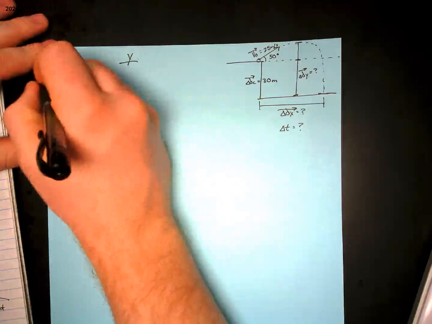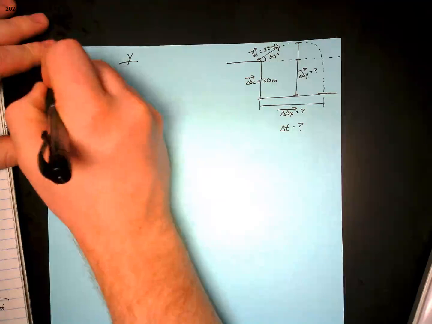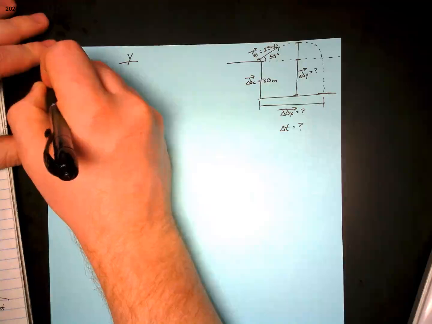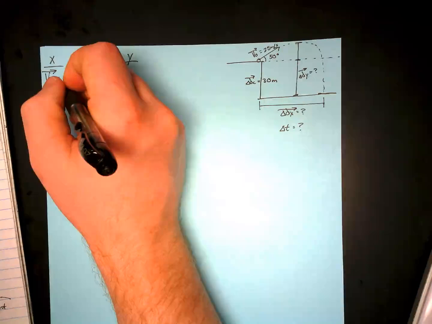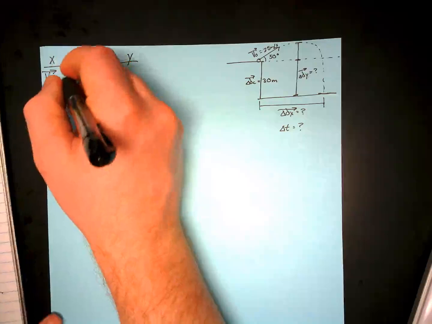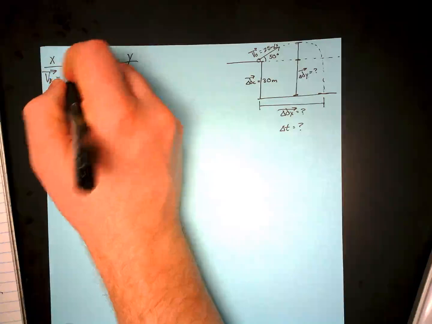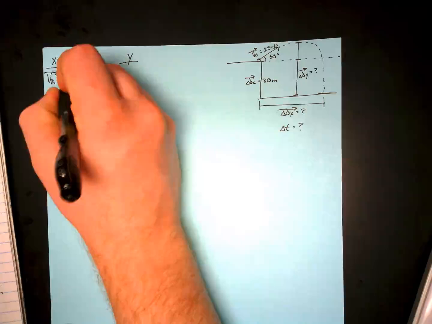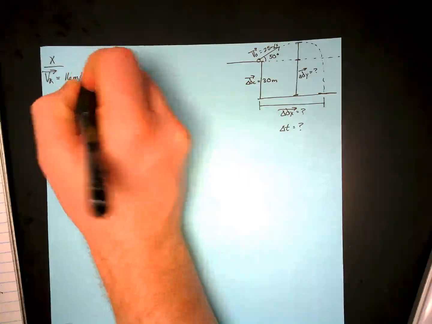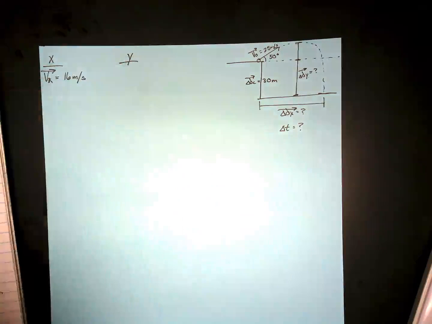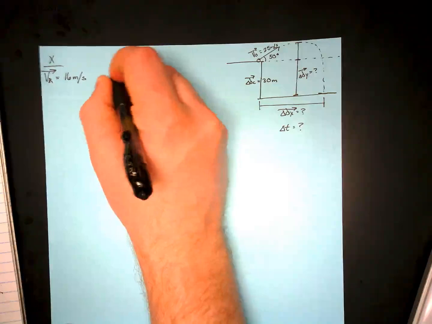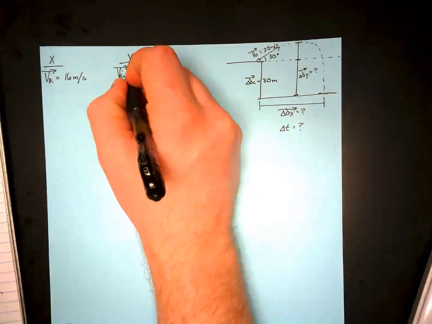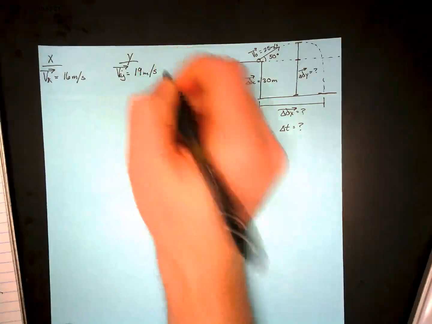On the x axis, I'm not going to put the initial velocity. I'm just going to quickly put down the initial x velocity, just because we know how to do that now, which is going to be 16 meters per second. For our y, our initial is going to be 19 meters per second.